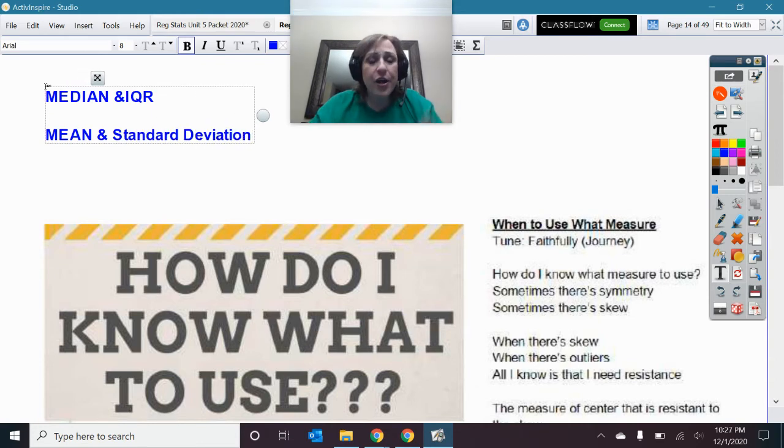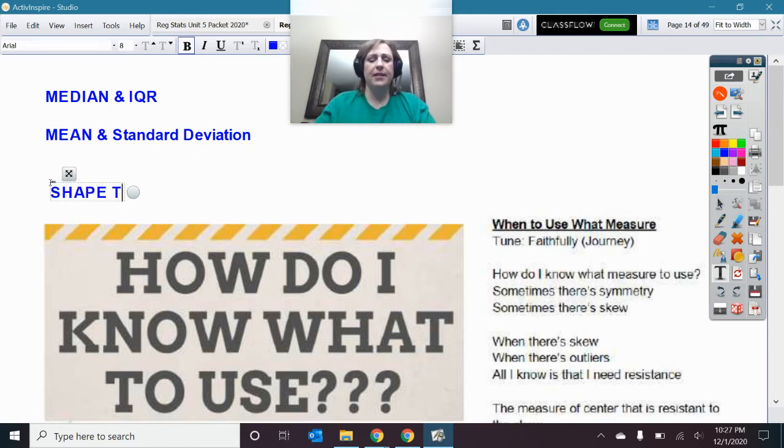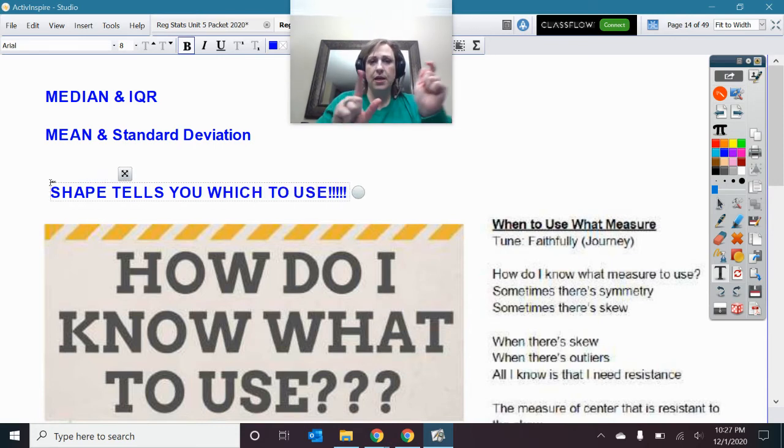How do you know which one to choose? Well, the way you know is based on the shape. The shape is the answer. The shape tells you which to use.